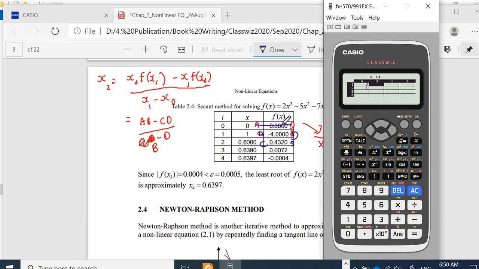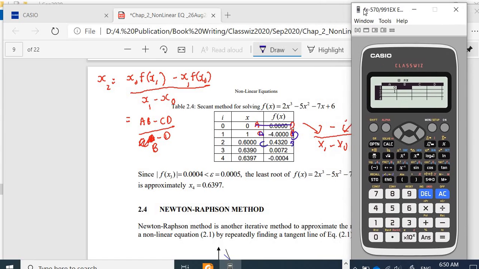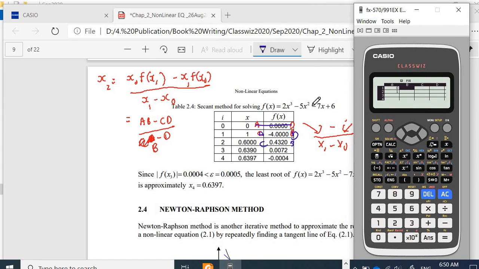Then go back to B. B is where you calculate the function f(x), which is 2x cubed minus 5x squared minus 7x plus 6. This is like the Excel spreadsheet, but we have limited columns, A, B, C, D, E, 5 columns, 45 rows only compared to Excel, and the space is limited, and the copy-paste operation will be a little bit difficult compared to Microsoft Excel.